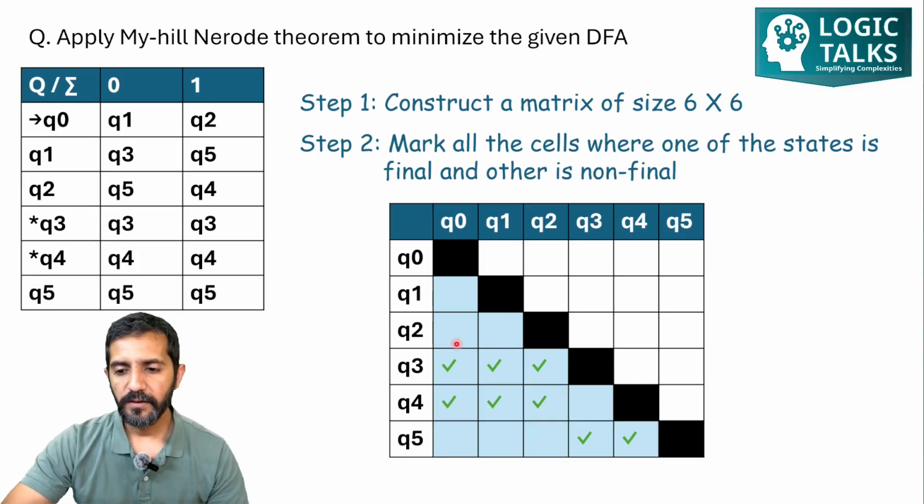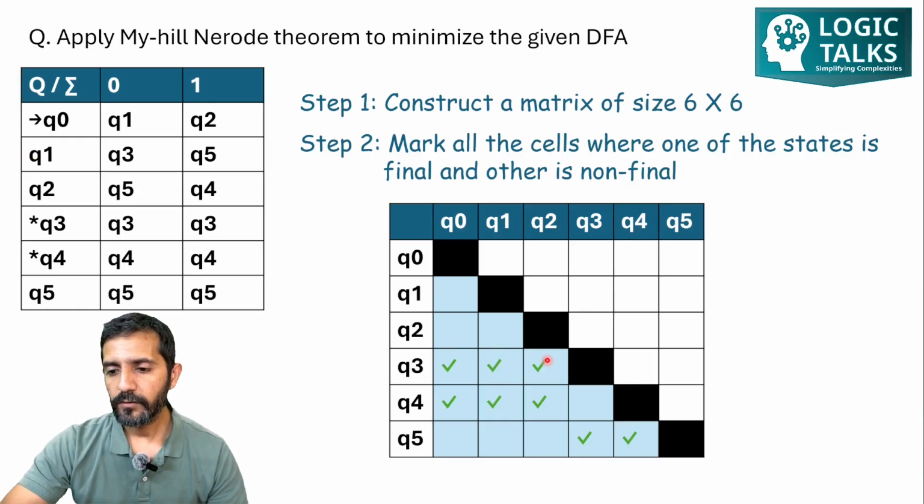Next we have Q3, Q0. Here Q3 is a final state and Q0 is a non-final state. Since one of the states is final and the other is non-final, it is marked. Again for Q3, Q1, Q3 is final and Q1 is non-final, so this cell will also be marked.